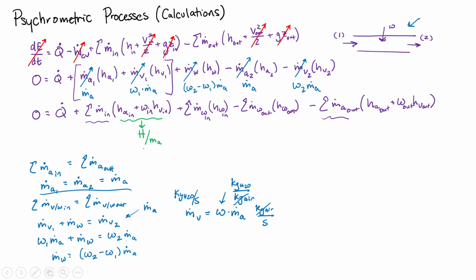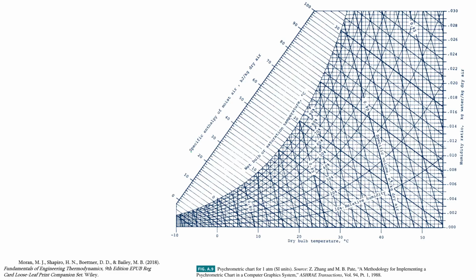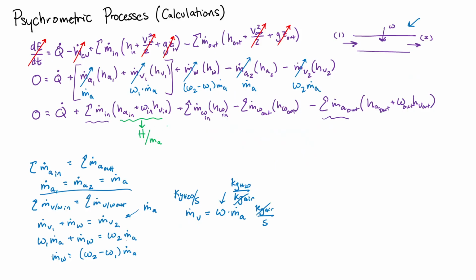That is the specific enthalpy that's showing up right here. So we can make that piece all one equation piece for in, and we can make this entire piece one big piece out.